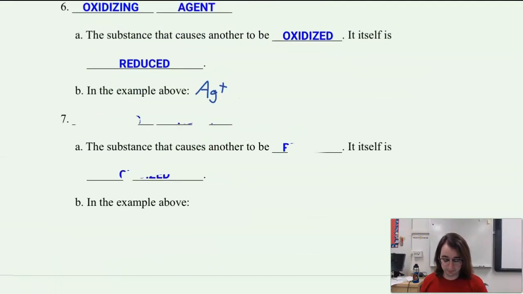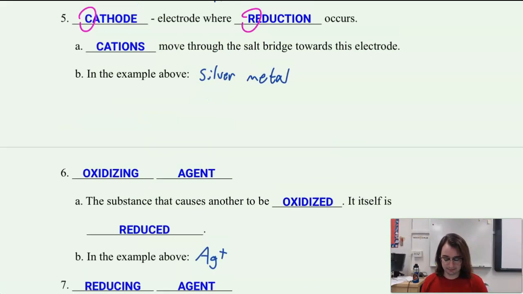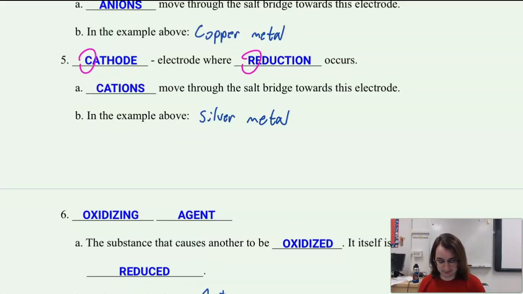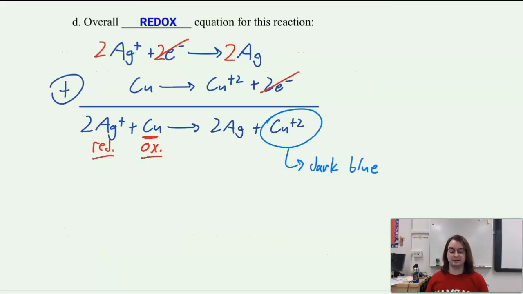We also have something called the reducing agent, which you could probably assume. The reducing agent is the cause for reduction, but it itself is being oxidized. So in the sample above, we're talking about copper. So if we go back up and look again, copper is the thing being oxidized. Why is it oxidizing? It's oxidizing because it is giving its electrons to silver.